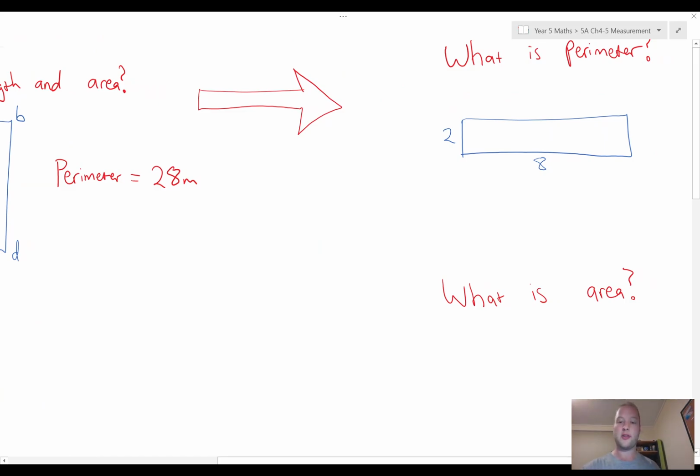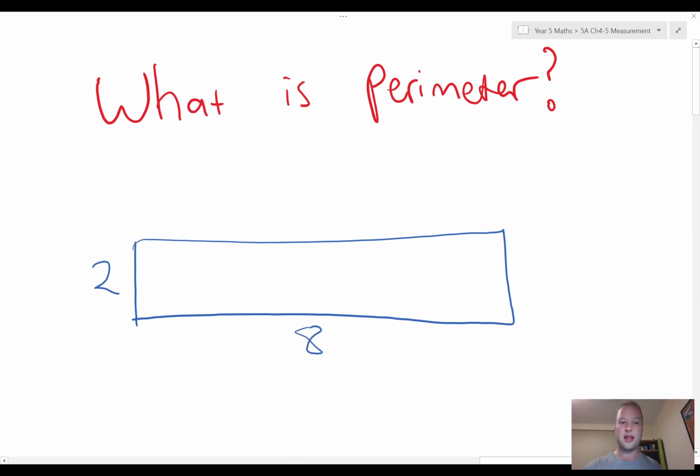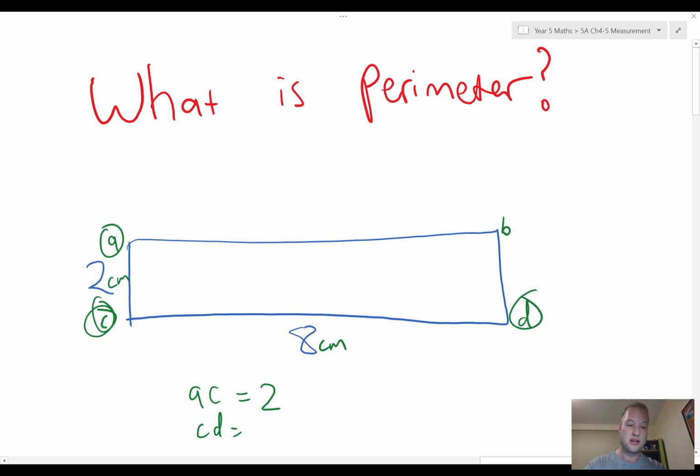So here I've got a rectangle and I've got two lengths. If it was labeled A, B, C, and D, we can say the length of A to C, which we can just write as AC, is 2, and it'll say if it's centimeters, meters, or kilometers, and then from C to D, we have 8.